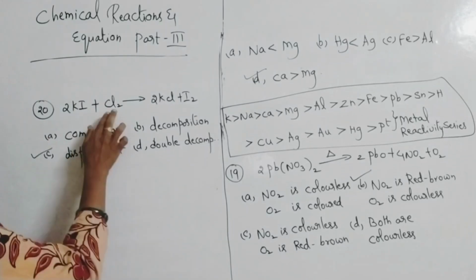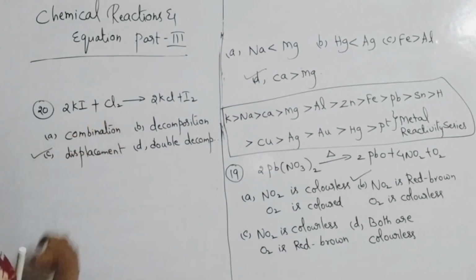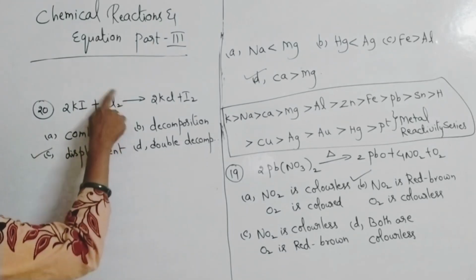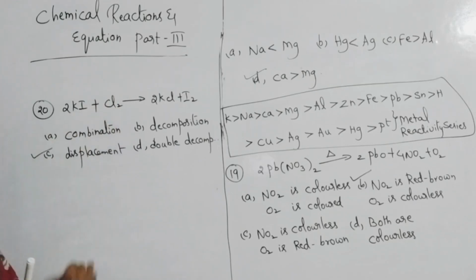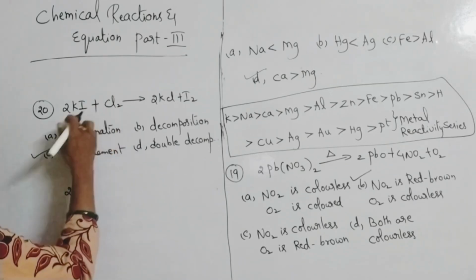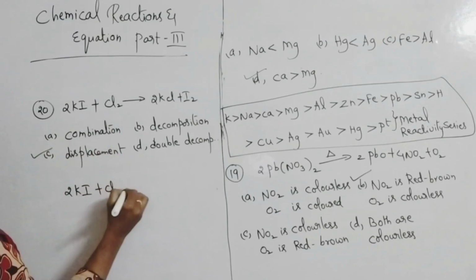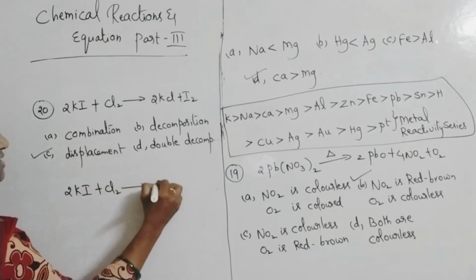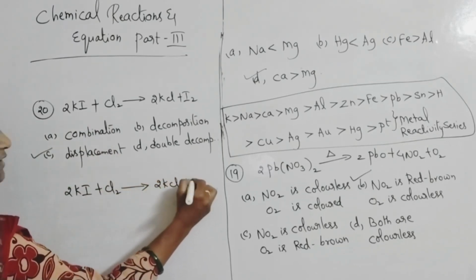Here, look, this is also a displacement reaction. But here you are not finding chlorine in the series. Chlorine is not a metal. Chlorine is a non-metal. Here also the same principle can be applied. 2 KI plus Cl2 gives rise to 2 KCl plus I2.